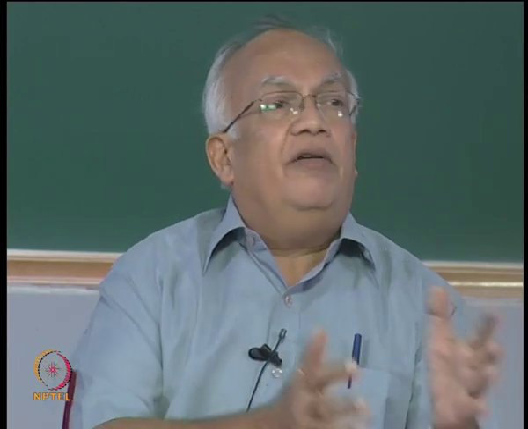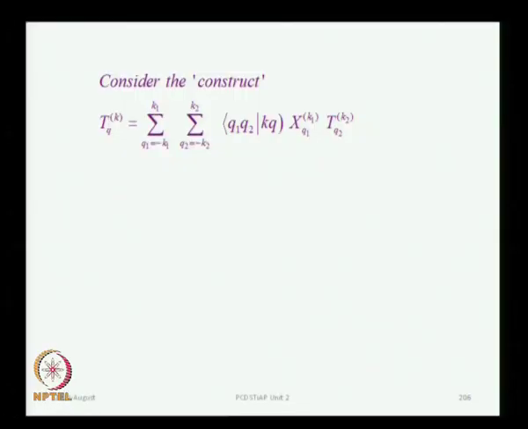So, we are building on the analogy between the angular momentum vectors and the irreducible tensor operators. We find that both of them have similar response to rotations. We know that one of them can be coupled using the Clebsch-Gordan coefficients. We now ask, can the other be coupled using the Clebsch-Gordan coefficients, right. So, let us raise this question.